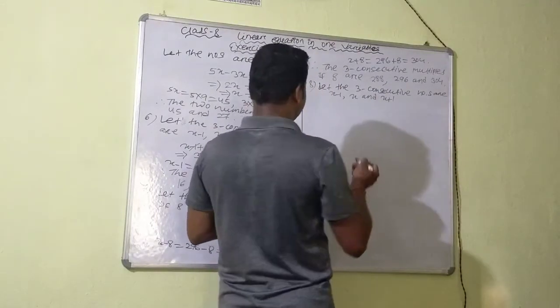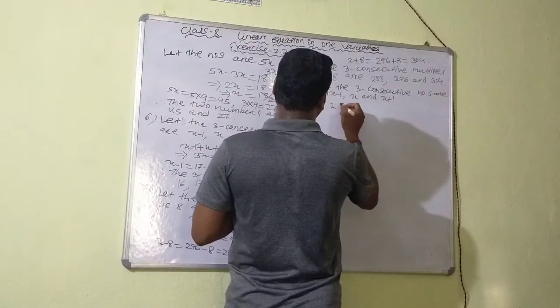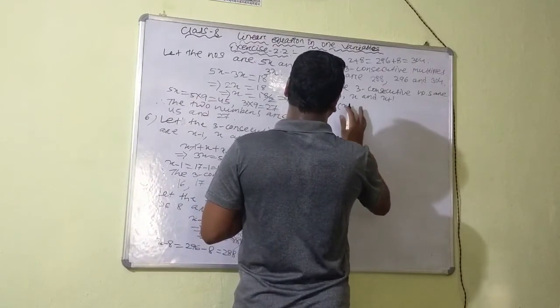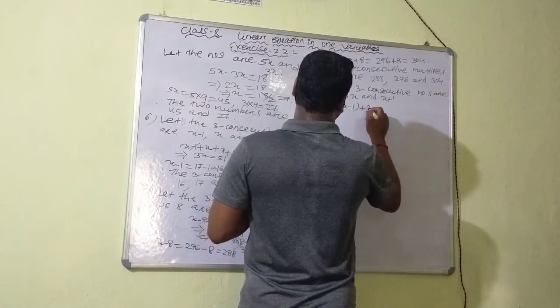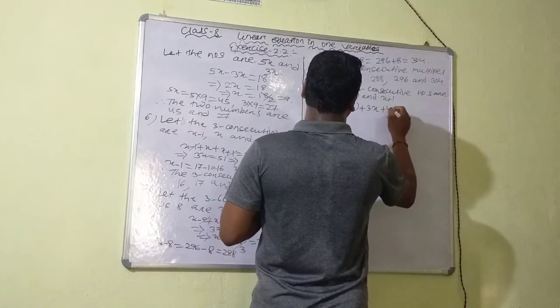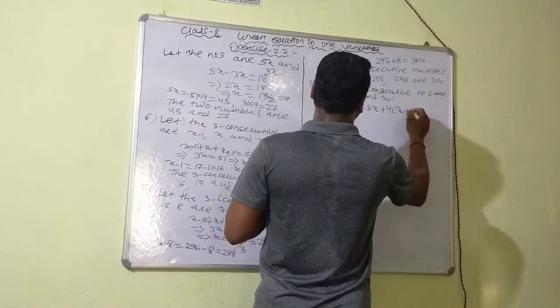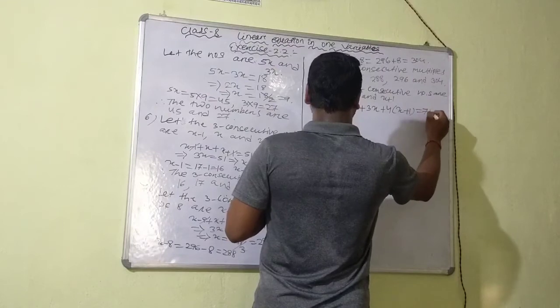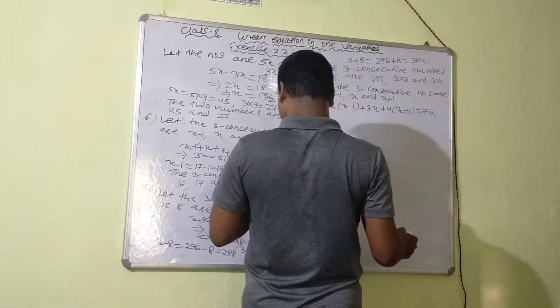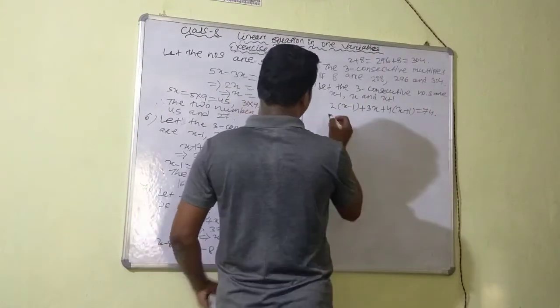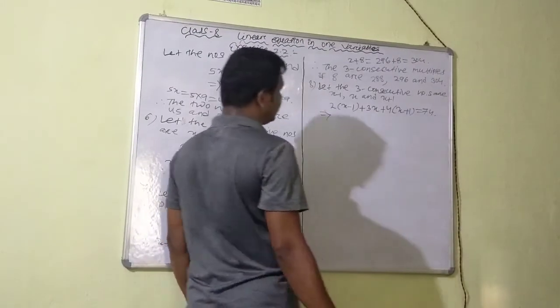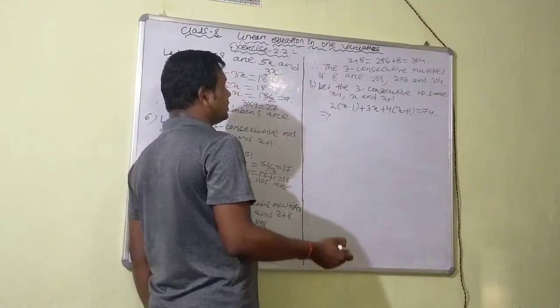Now we'll write 2 times (x minus 1) plus 3 times x plus 4 times (x plus 1) equal to 74. Now we'll simplify it to solve for the answer.